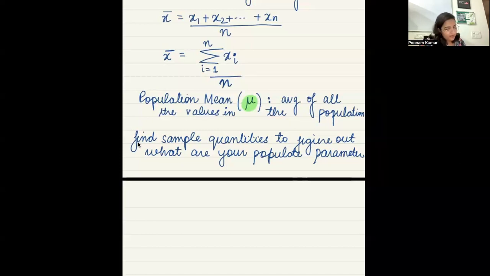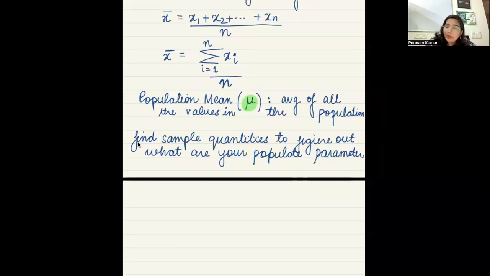For example, we can say that the sample mean is my best guess for what my population mean could be. Let's say my goal is to calculate the average marks of BA economics students in Delhi University. I can't ask each student and find that data. So I pick 2 students from each college and take the mean of their marks.